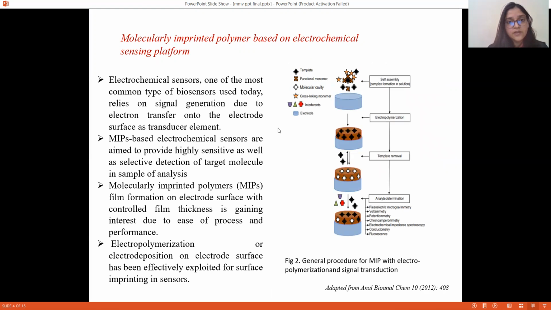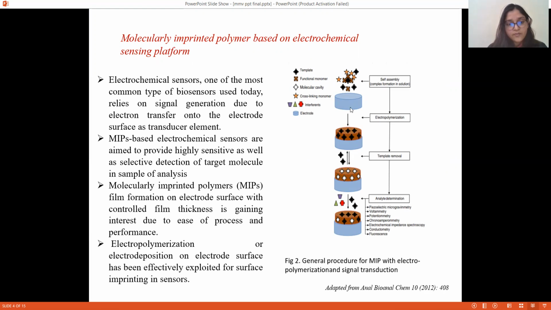This is the introduction on molecularly imprinted polymer based electrochemical sensing platform. Electrochemical sensors are one of the most common types of sensors used today. They rely on signal generation due to electron transfer on the surface of the electrode as the transducer element. MIP-based electrochemical sensors are aimed to provide highly sensitive and selective detection of target molecules in the sample of analysis.